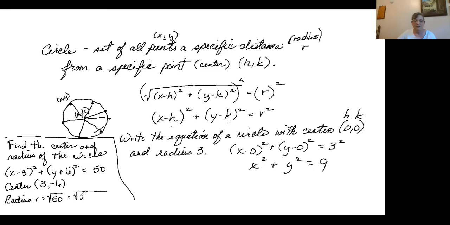We want to factor it into a perfect square, if it's possible to do so, times whatever. And then we simplify it by taking the square root of the one that was a perfect square. So this would become 5 times the square root of 2, which is your exact value.